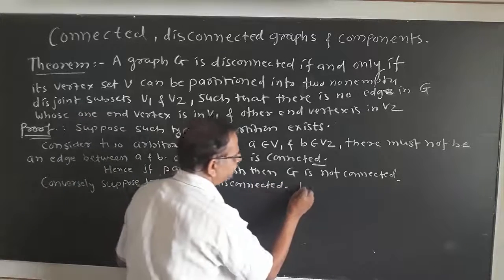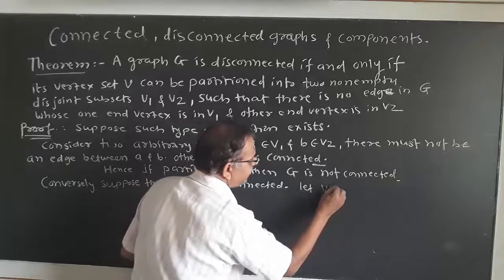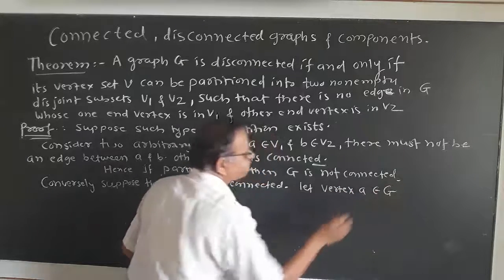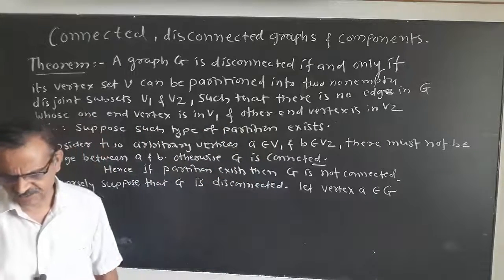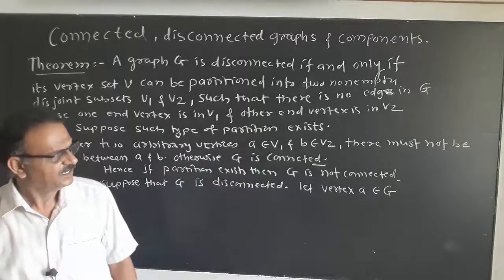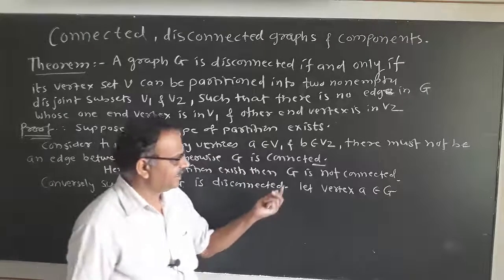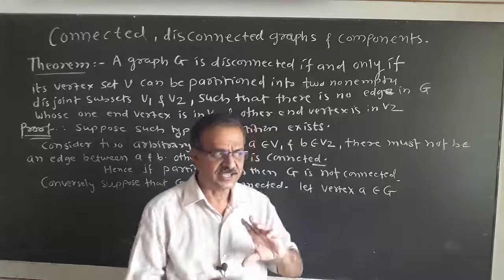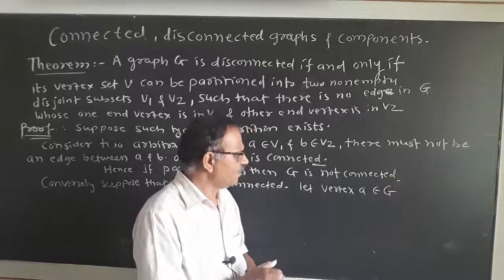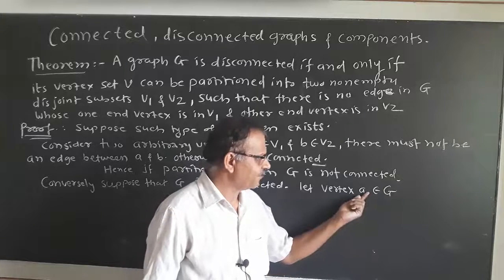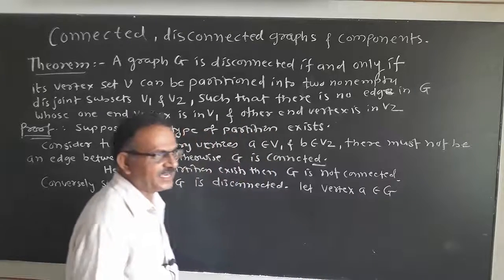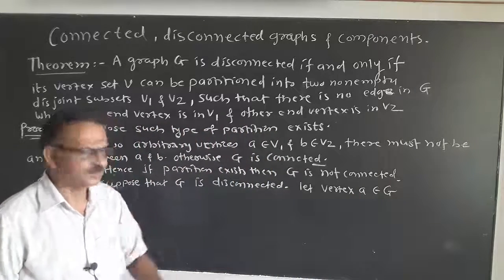Let vertex A belong to G. A is any arbitrary vertex we have taken. Now, as A is a vertex in G, we shall construct a component whose vertices are connected by some path to this vertex A, and that component we shall call V1.